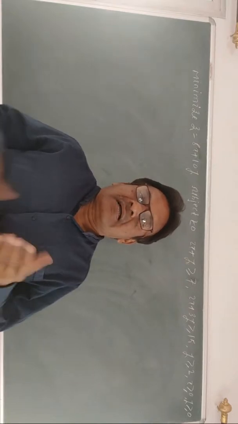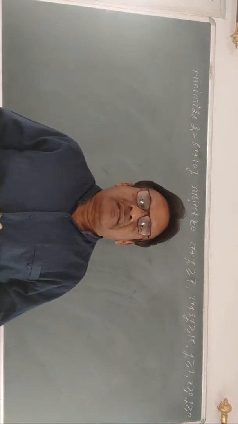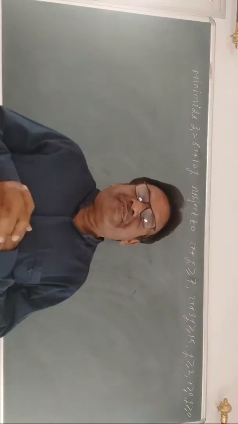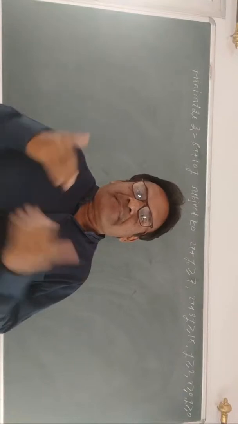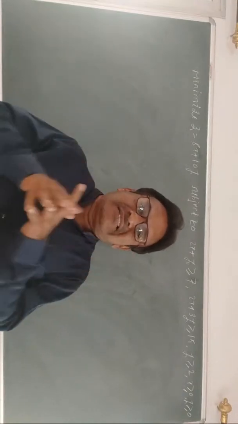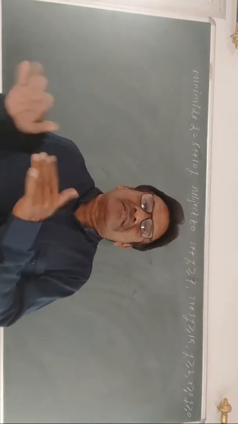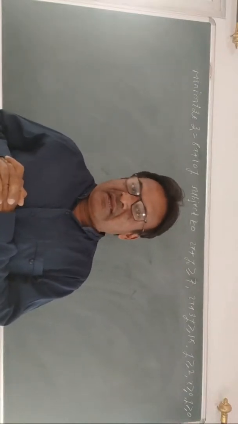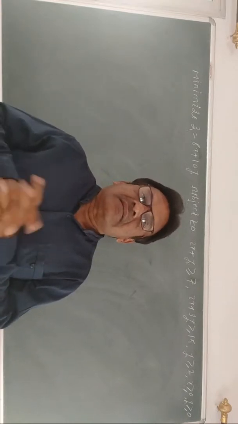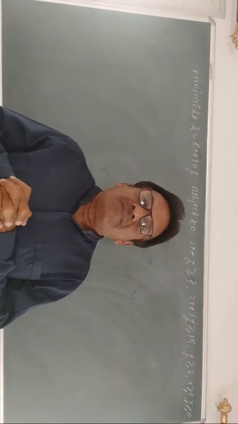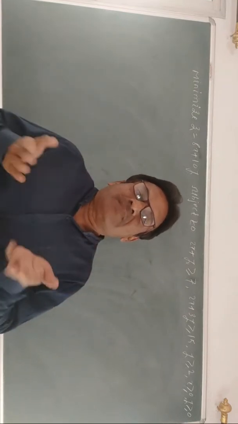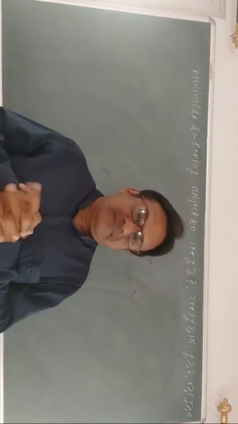Today again we solve one problem on linear programming problem. In the previous video we found the maximum value of the objective function on the vertices of the shaded region. In this problem, we find the minimum value of the objective function on the corner points of the shaded region.